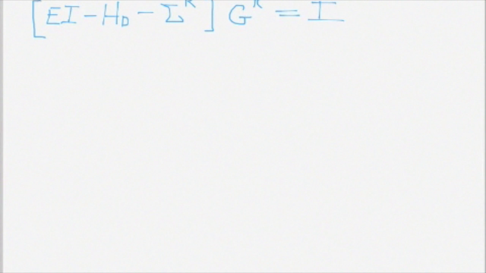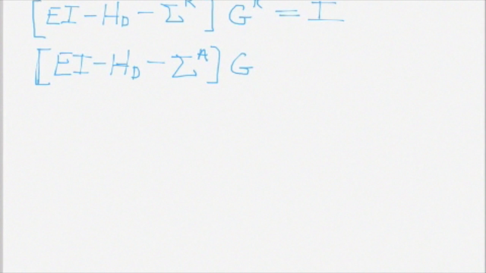And similarly, E times I minus the Hamiltonian in the device region minus, well, since GA is GR dagger, and sigma R dagger is sigma A, I'll just write this like this, GA equals I. And since I'm just writing an equation for something times this inverse, right, that's all this is.